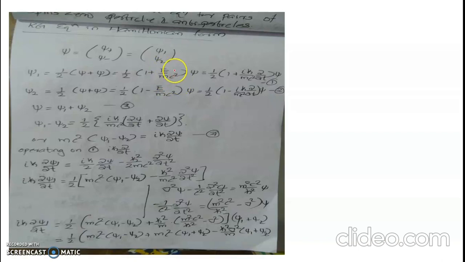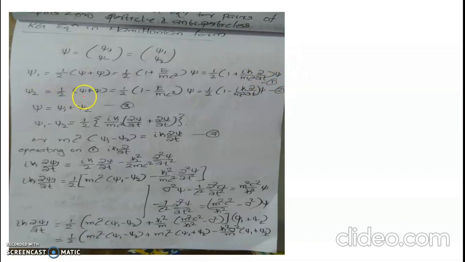But I can incorporate right now E as positive energy, with magnitude E P, and psi plus. That is half into 1 plus E by mc square; energy E is positive, so I have put the plus sign here. If it were negative, I would have put a minus sign here. E is replaced by the operator i h cross dou by dou t, divided by mc square, operating on psi. And we keep it as equation 1.